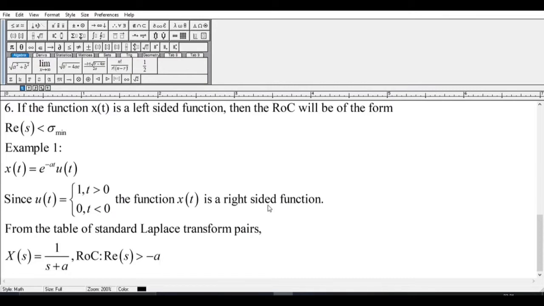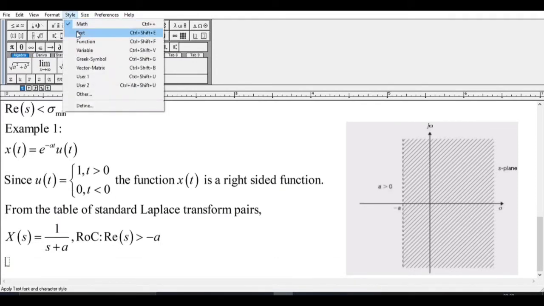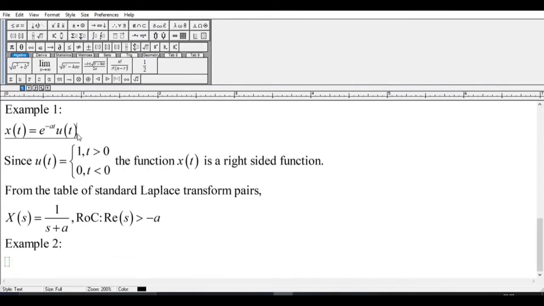Now look at the diagram that is associated over here, and in the diagram it will be clear how this is being plotted. From minus a, the ROC is being plotted and it is on the right side. Let's take the next example.